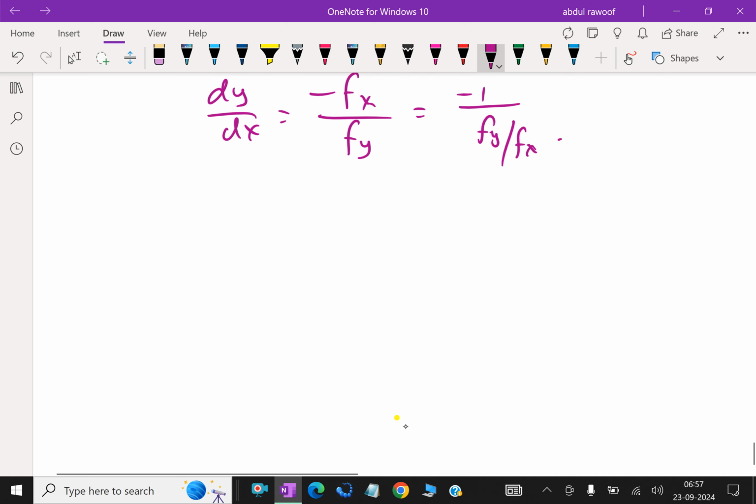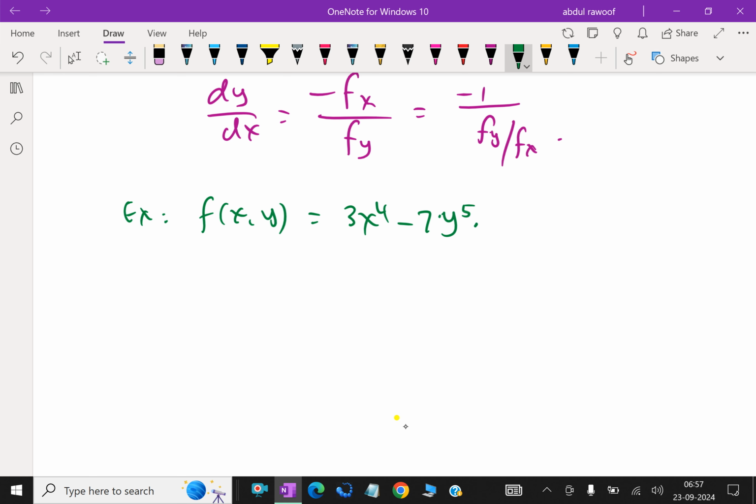Now, for example, an implicit function. Example: f of x comma y is 3x power 4 minus 7y power 5 minus 86.